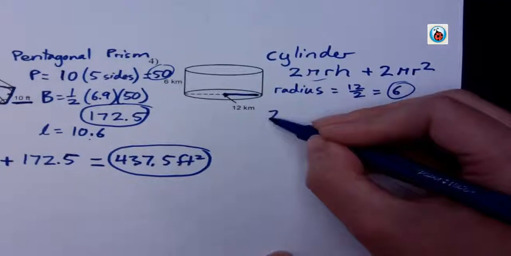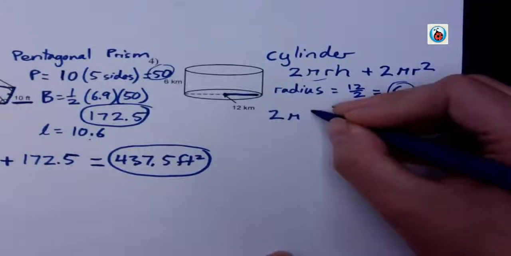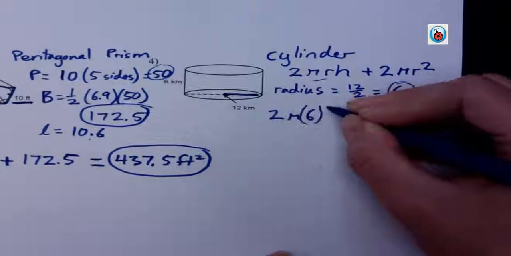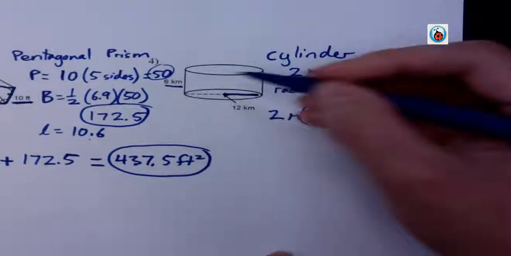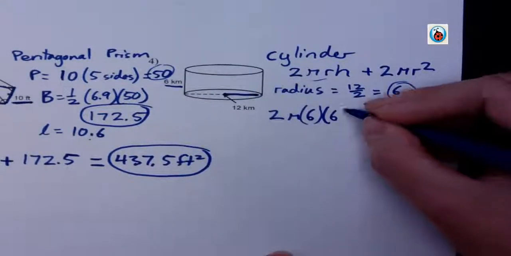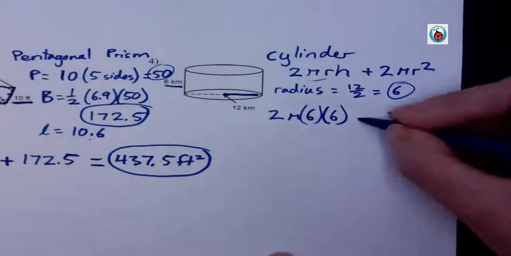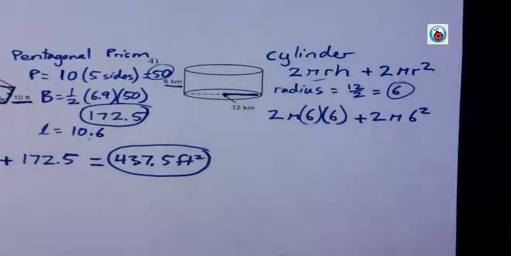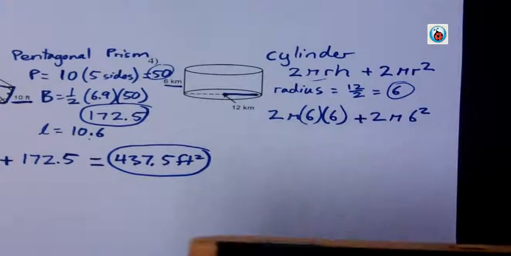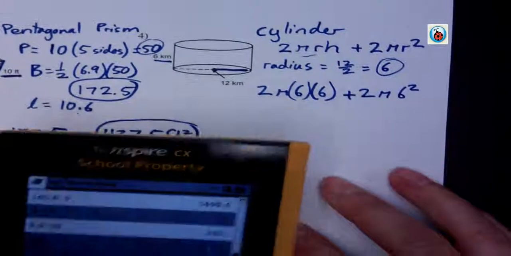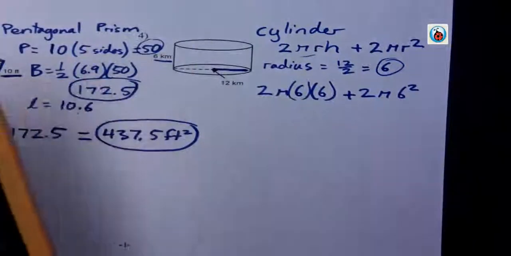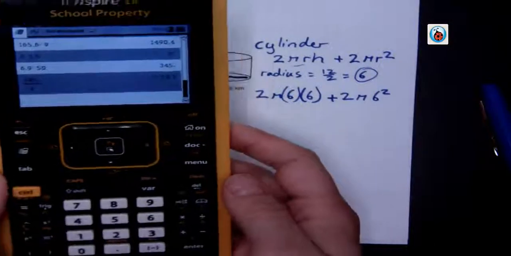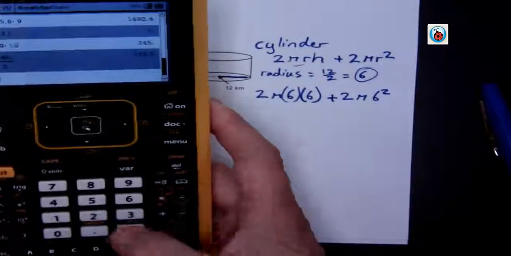Alright, so now I just plug it in, so 2 pi 6 times my height, which is the 6 there, plus 2 pi 6 squared. On these calculators, you can type in that entire thing just the way I wrote it.